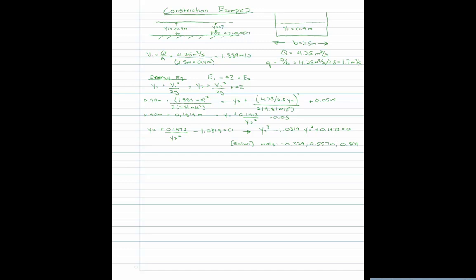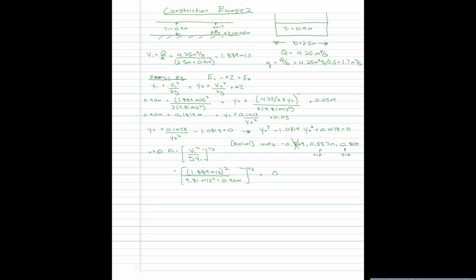Well, to know for sure whether it's the supercritical root or the subcritical root, we have to diagnose what was the flow regime at 1. So at 1, the Froude number was V1 squared divided by g y1, to the 1/2 power. The Froude number was 1.889 meters per second squared divided by 9.81 meters per second squared times the depth of 0.90 meters, to the 1/2 power.